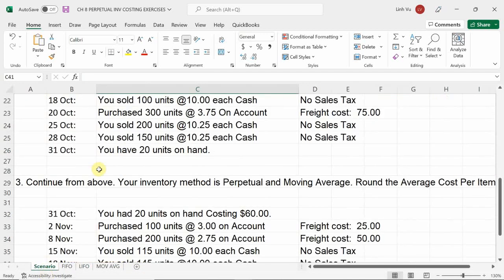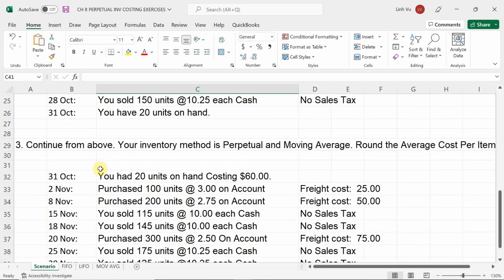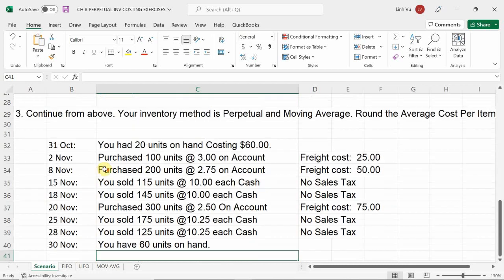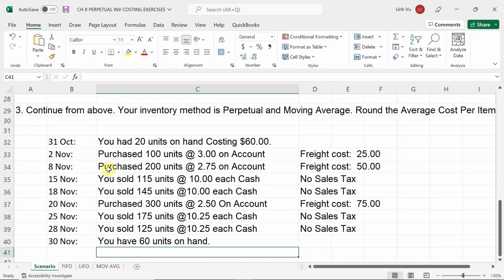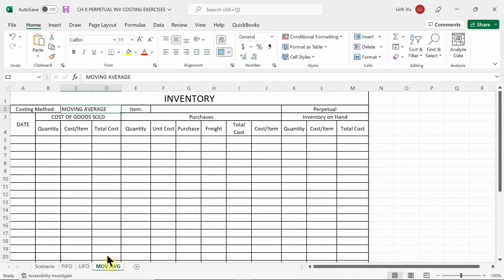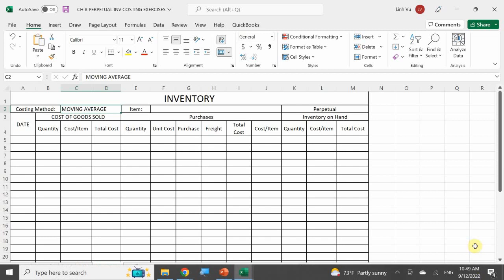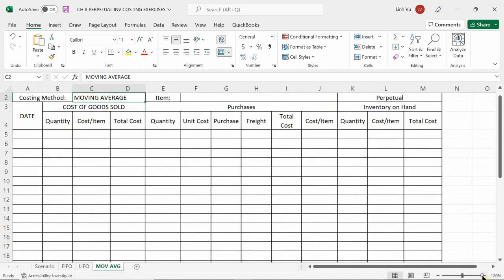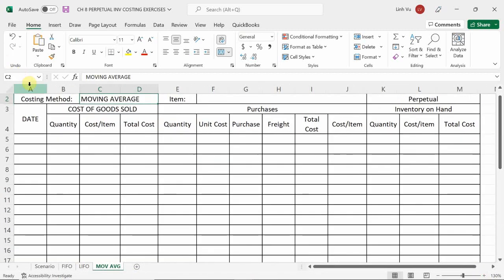Okay. So question 3 says, continue from above. Your inventory method is perpetual, but this time it is moving average. And you were given that on October 31st, you should have a total of 20 units on hand costing $60. So here's my new inventory worksheet for the moving average.